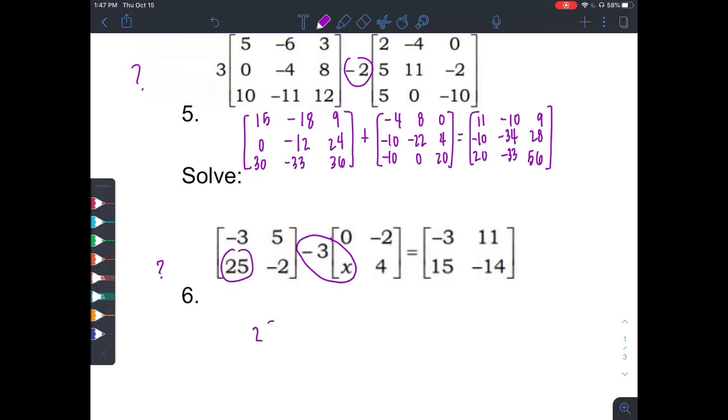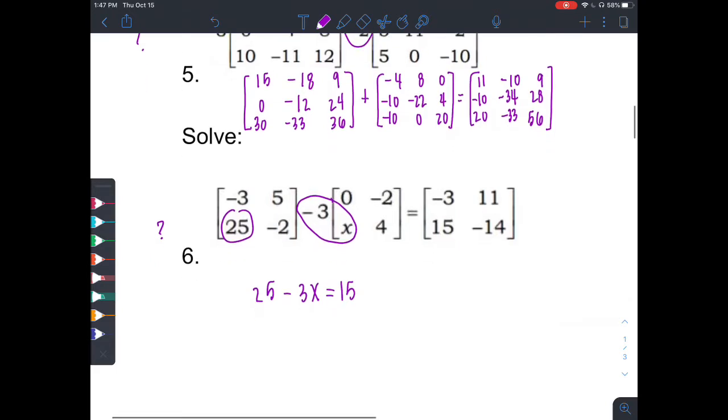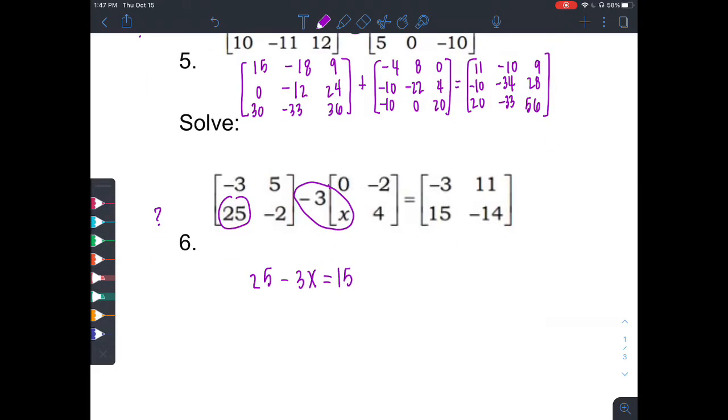So 25 minus 3x is equal to 15. And then we want to solve, so negative 3x equals negative 10, divided by negative 3, and we get x equals 10 thirds.